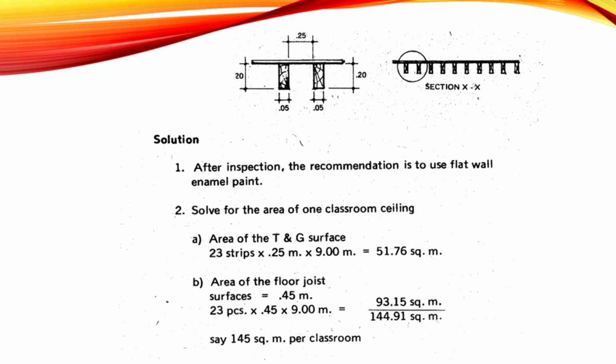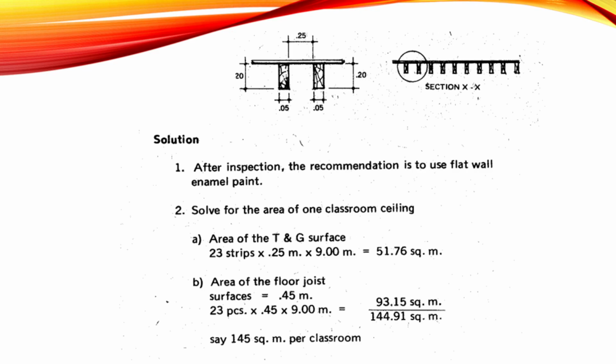Area of the T&G surface is 23 strips times 0.25 meters times 9 meters, that is 51.76 square meter. For the area of the floor joist, area of the floor joist is equal to 23 pieces times 0.45 times 9 meters, which is 93.15 square meter.